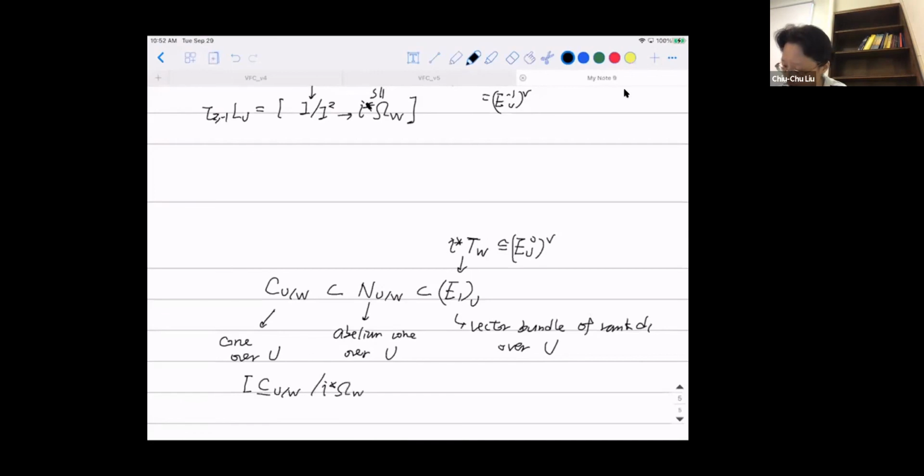So let's take the quotient. We get some closed embedding, but now they are stacks. They are cone stacks over this affine scheme.